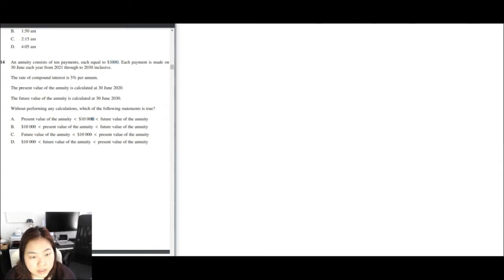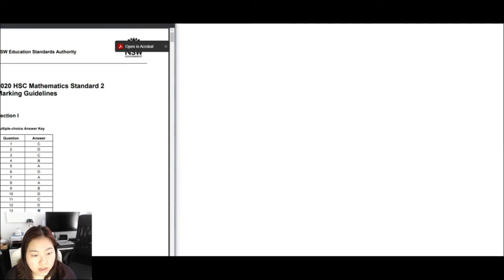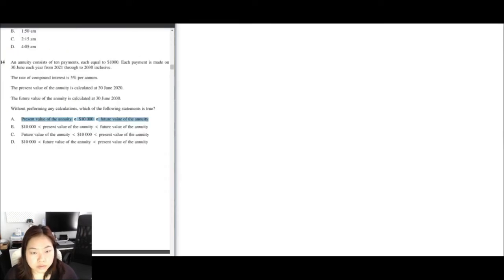Therefore, it has to be less than 10,000. It's got to be this one then. The future value would be the largest one. None of the others make sense. It's got to be 14A. Yeah. Cool.